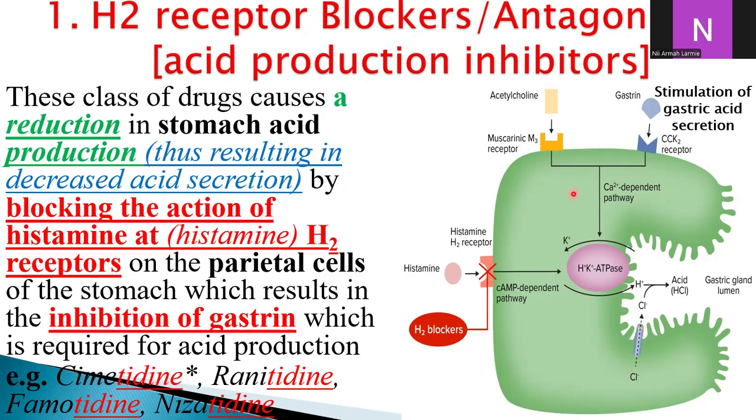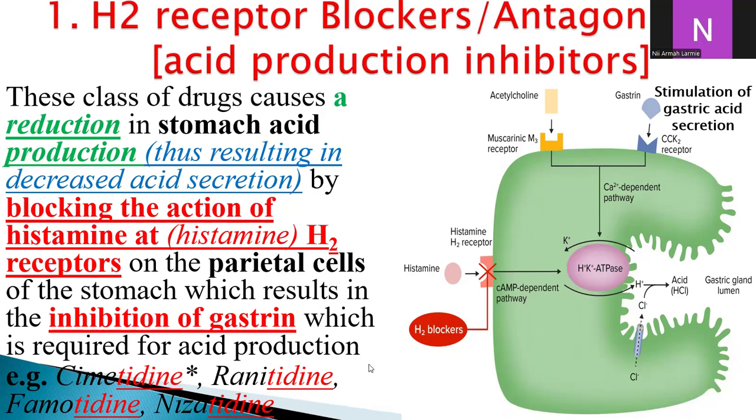In our structure, we have the parietal cell, so the parietal cells are where the acid is produced. 3 raw materials are involved in the acid production: gastrin, acetylcholine, and histamine. A combination of these 3 is what results in the acid production.